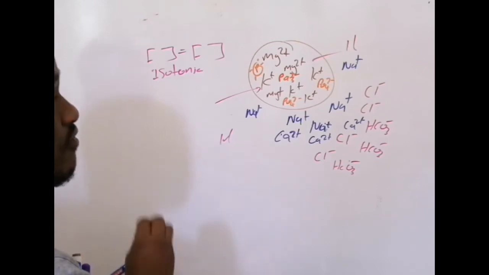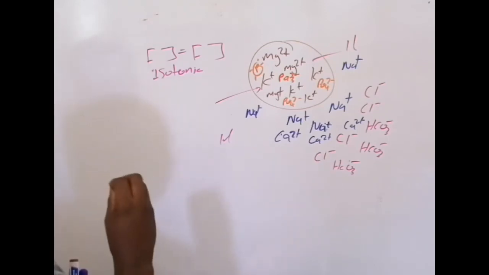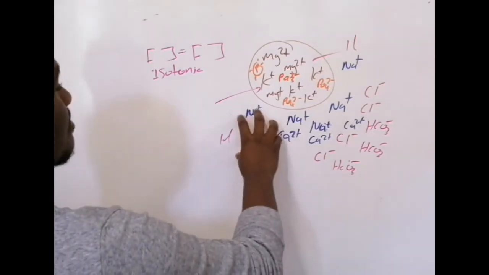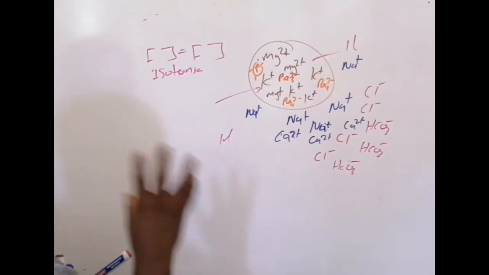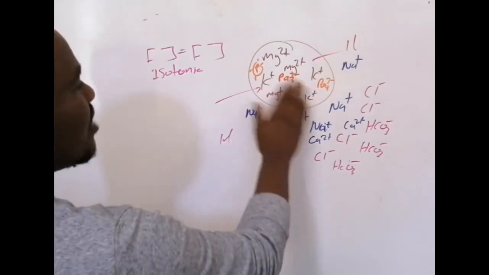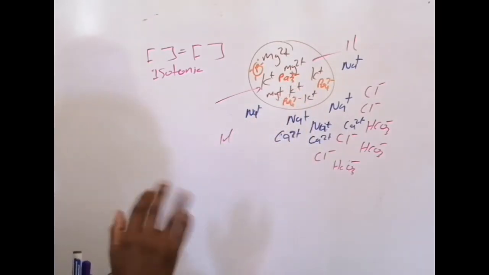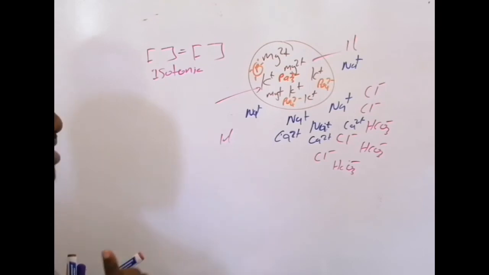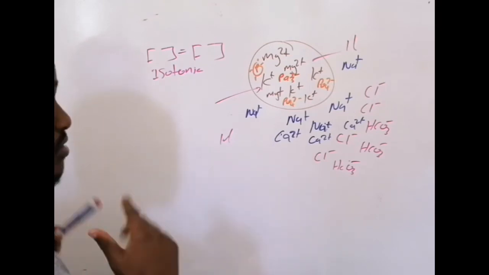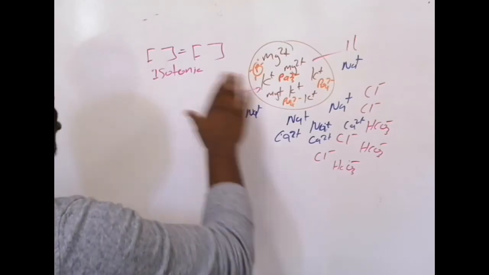The movement of water, this is what I want you guys to understand. The movement of water from the interstitial space into the intracellular space and vice versa is dependent on the concentration of solutes between these two. You don't want a concentration gradient. You want to have isotonicity.